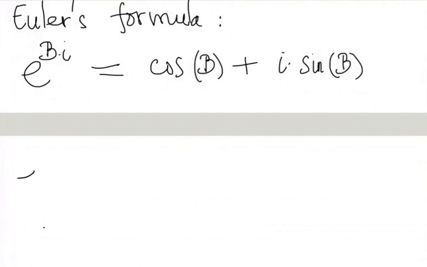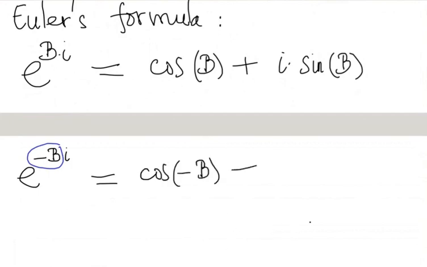Now similarly, if we do e to the minus bi, we could actually apply the above formula. Instead of b, we have minus b. So the formula above would give us cosine of minus b plus i sine of minus b. However, cosine is an even function, and you can see that from the power series, all the powers for cosine are even, so the minus would not affect the value.